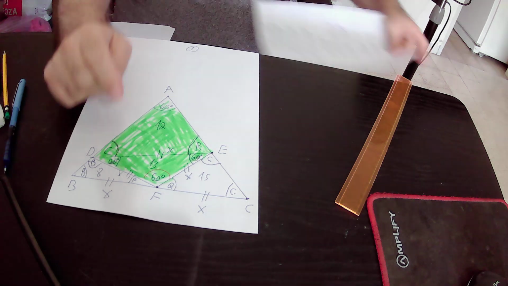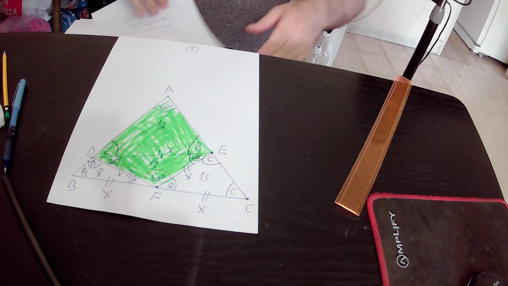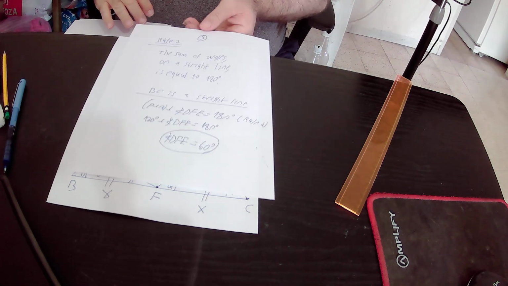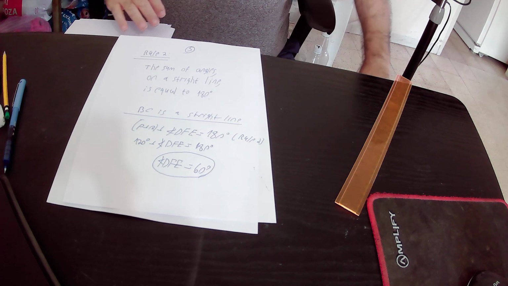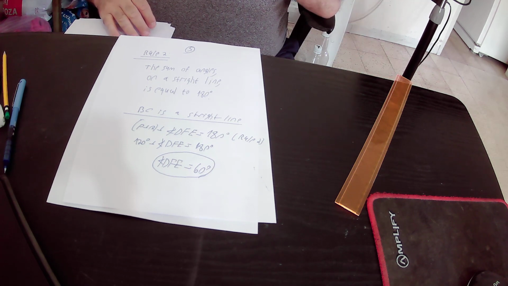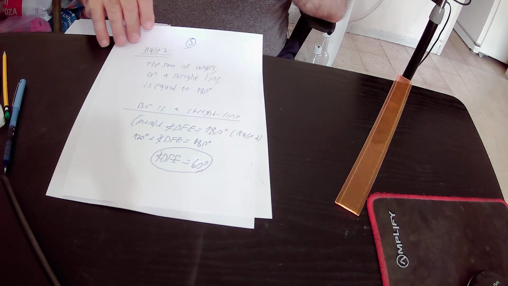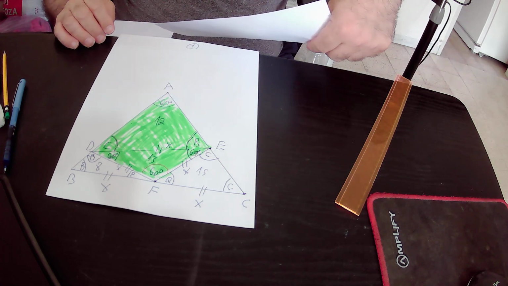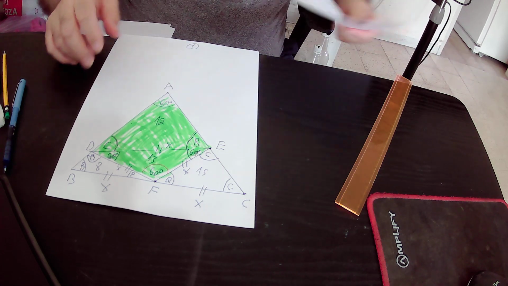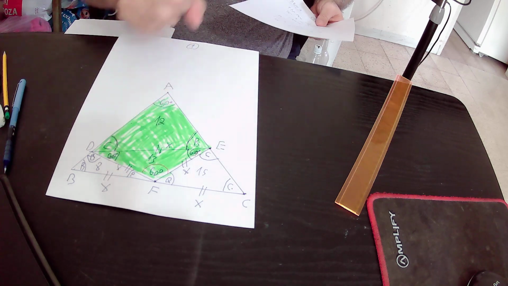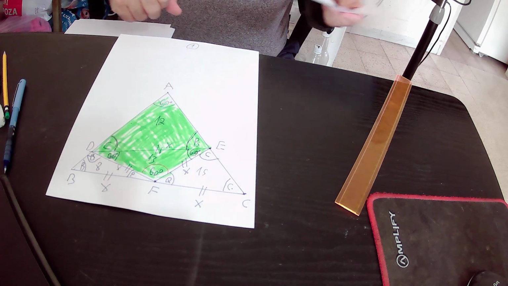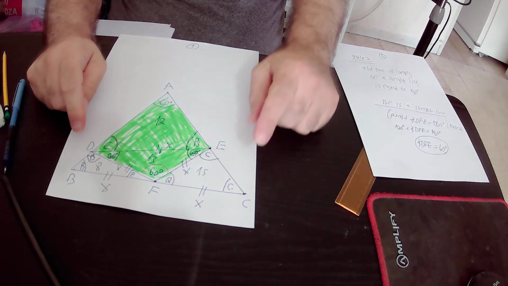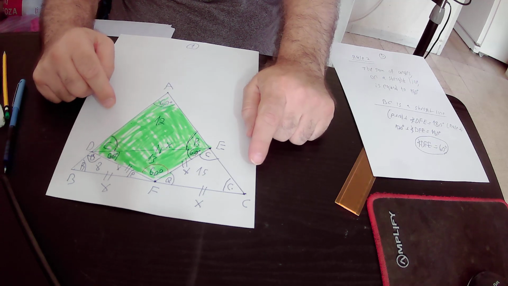Okay, and then we have rule number 2 that states that the sum of the angles on a straight line is equal to 180 degrees. And we know that BC is a straight line, because BC is the side of triangle ABC.